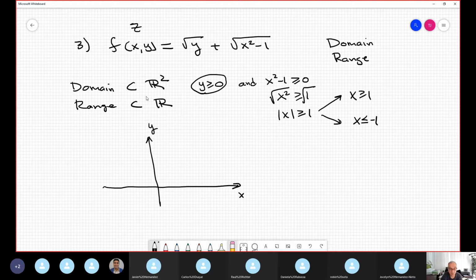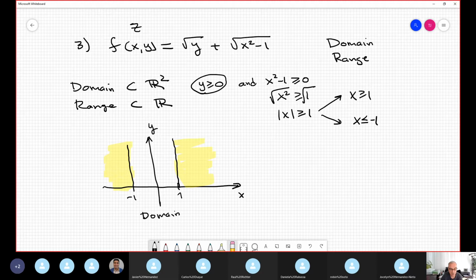And this is 1 here, x greater than 1, and x less than negative 1. This is our domain. Our domain is this region, and this region.